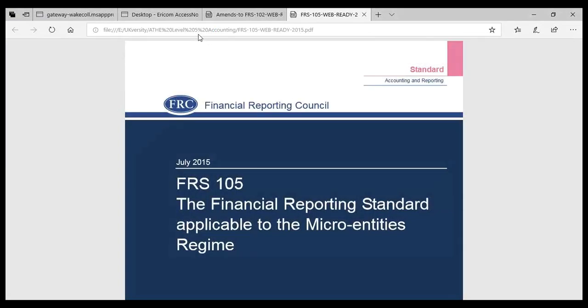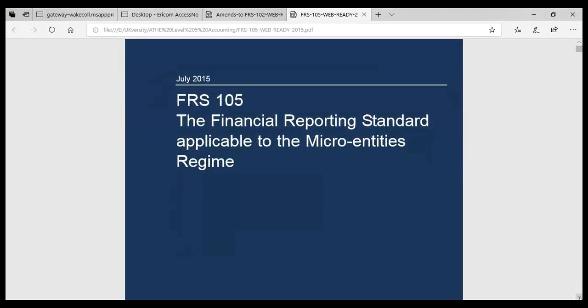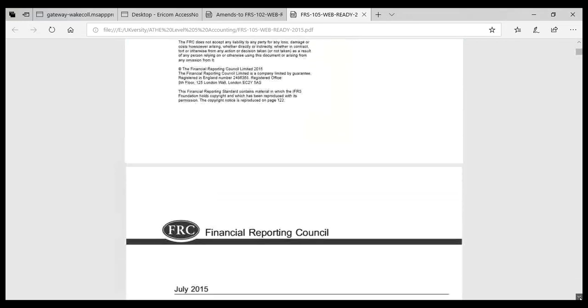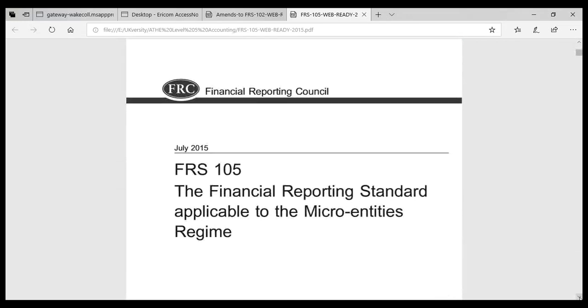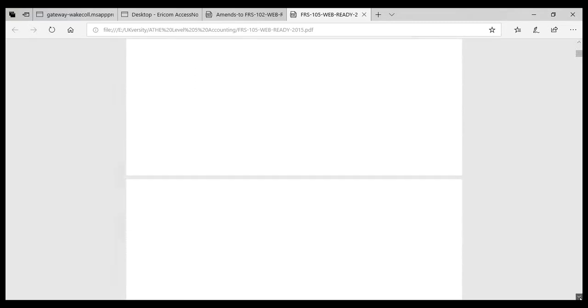Now we will discuss Financial Reporting Standard 105, financial reporting applicable to the micro-entities regime. What is this standard all about? FRS 105 is the financial reporting standard applicable to micro-entities, which are small entities.